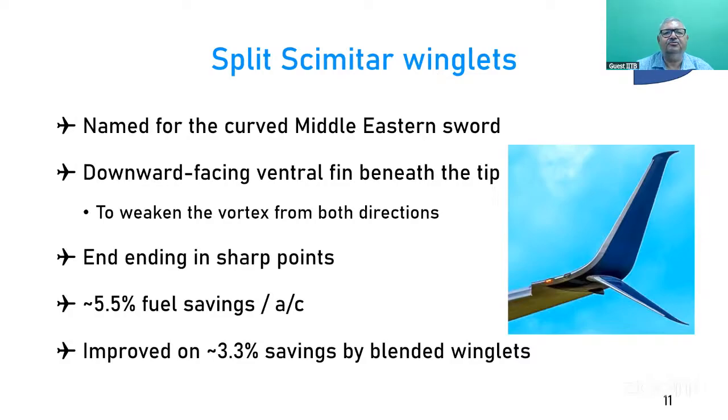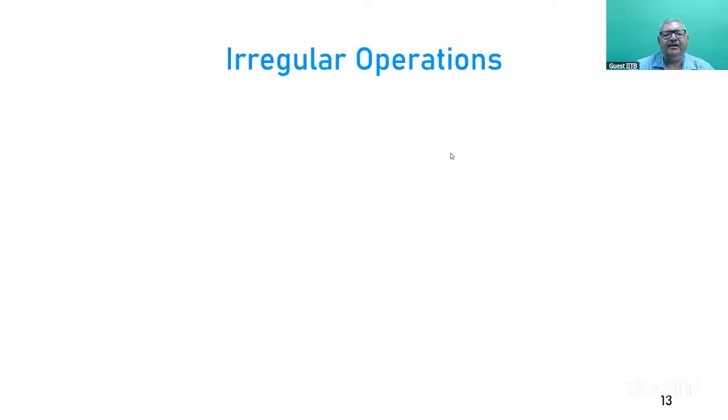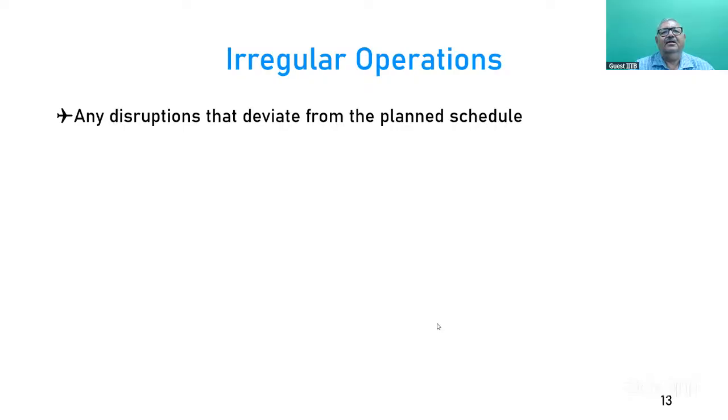Let's move on to the next topic for today, and that is artificial intelligence powered irregular operations, or IROPS. Just as a reminder, let me define once again irregular operations. An IROP is any disruption that deviates from the planned schedule.